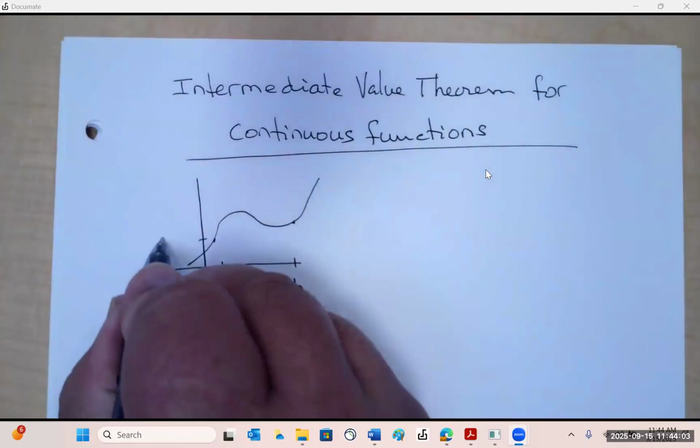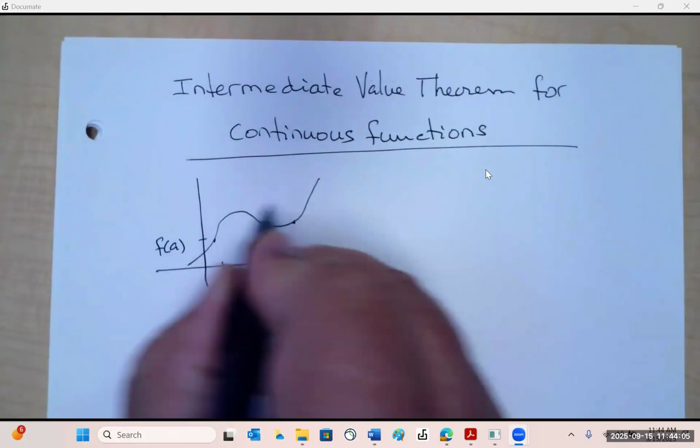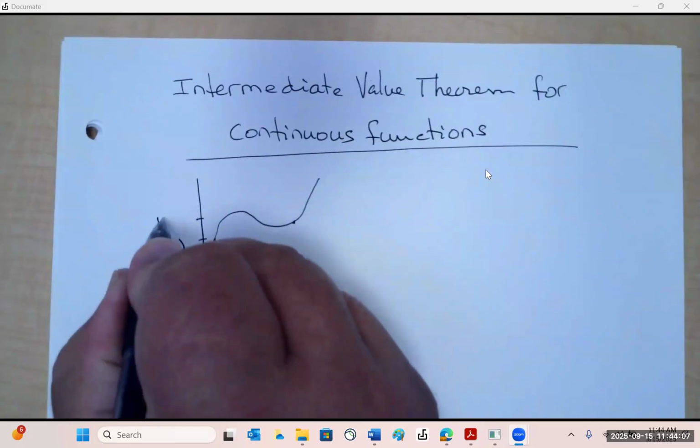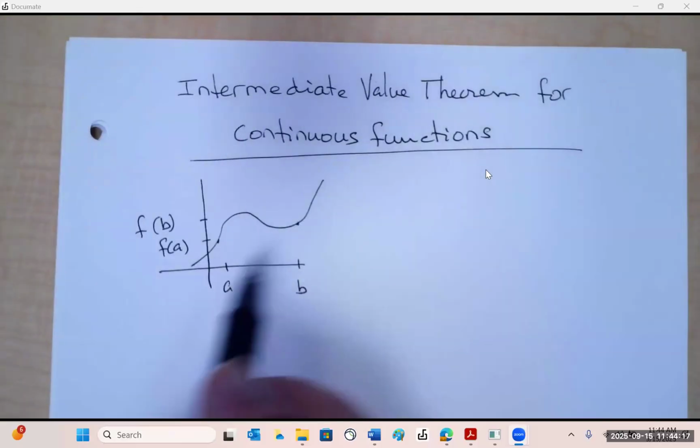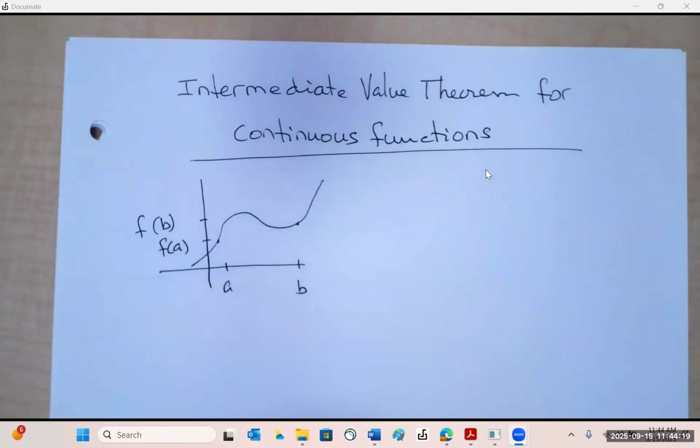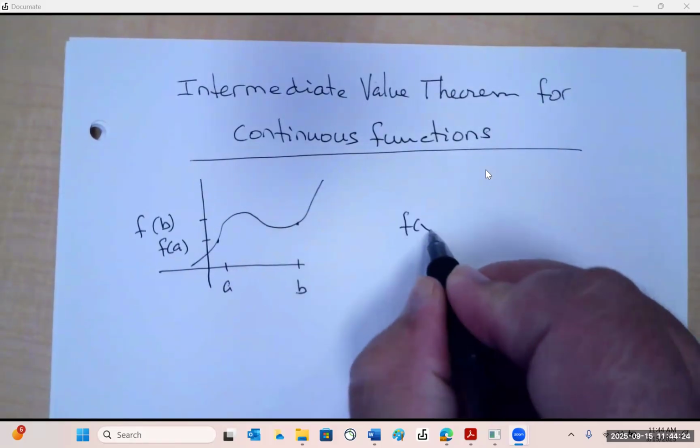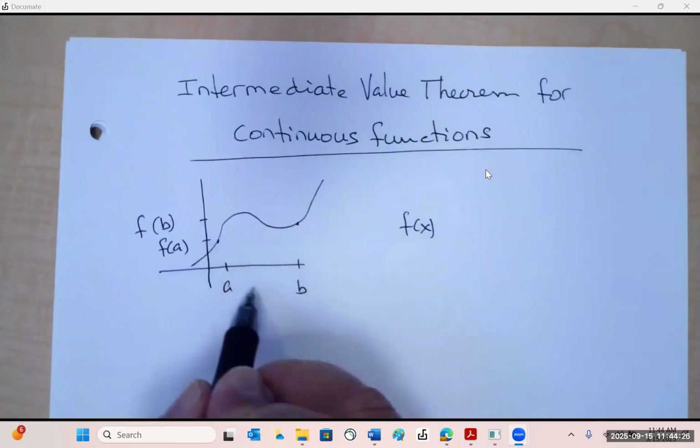you have f of A and f of B. So it says this, whenever you take two values of a continuous function, then you can find an x to take on any value between there.